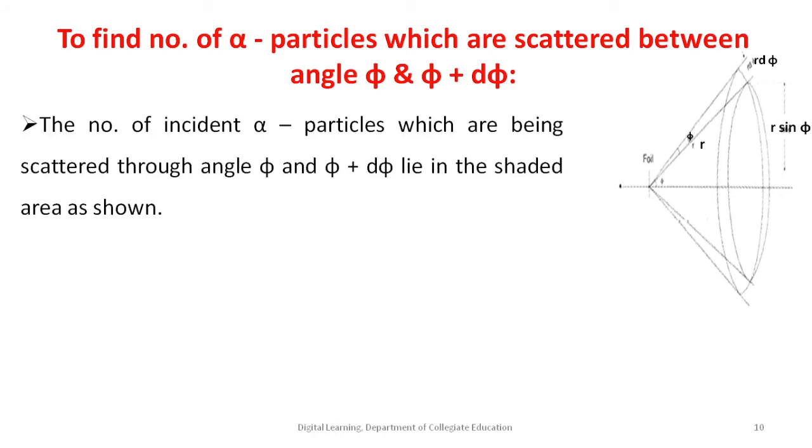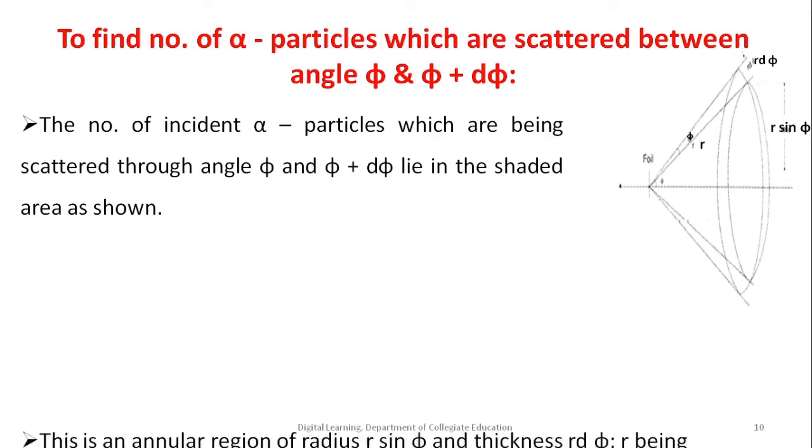Here, the number of incident alpha particles which are being scattered through an angle phi and phi plus d phi. ಇದು phi, this is d phi ಅಂತ ಅನ್ಕೊಂಡ್ರೆ ಇಷ್ಟ್ರ ಮಧ್ಯೆ ಎಷ್ಟು ಆಂಗಲ್ ಸ್ಕ್ಯಾಟರ್ ಆಗ್ತಾ ಇದೆ ಅದನ್ನ ಶೇಡೆಡ್ ರೀಜನ್ ಅಲ್ಲಿ ತೋರಿಸ್ತಾ ಇದೀವಿ. ನಂಬರ್ ಆಫ್ ಇನ್ಸಿಡೆಂಟ್ ಆಲ್ಫಾ ಪಾರ್ಟಿಕಲ್ಸ್ ವಿಚ್ ಆರ್ ಬೀಯಿಂಗ್ ಸ್ಕ್ಯಾಟರ್ಡ್, ಎಷ್ಟು ಸ್ಕ್ಯಾಟರ್ ಆಗ್ತಿದೆ ಈ ಆಂಗಲ್ ಅಲ್ಲಿ ಅಂತ ಸಿಗ್ತಾ ಇದೆ.